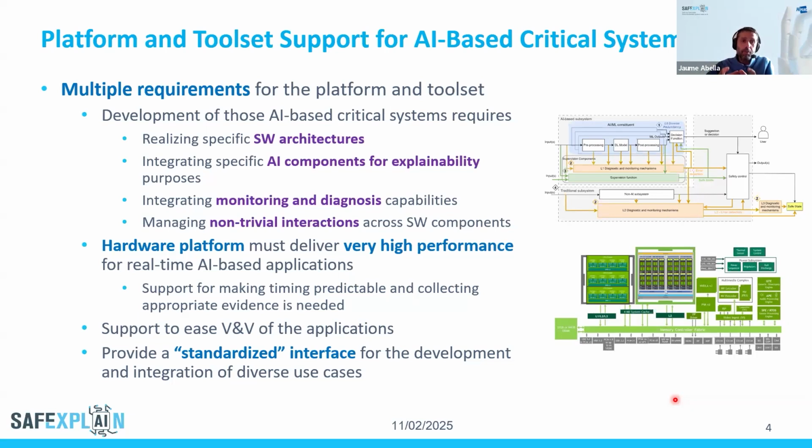Hence, at the end, what we realize is that we need some platform support, some toolset support, to support these software architectures, to manage the complexity of the hardware, to support the verification and validation process, and also to provide a standardized interface for the applications that will run on top. So as you see, there are a number of topics and concerns that need to be considered from the platform and toolset side, and this is the focus of the webinar today.